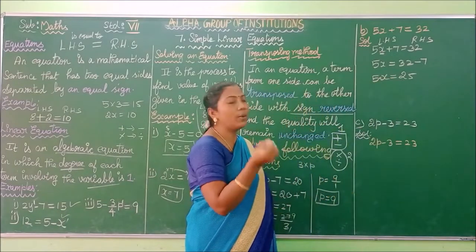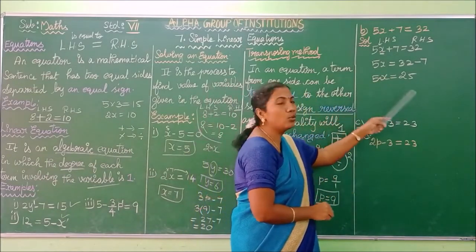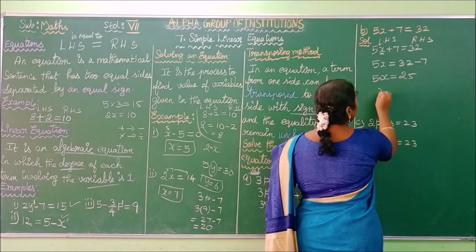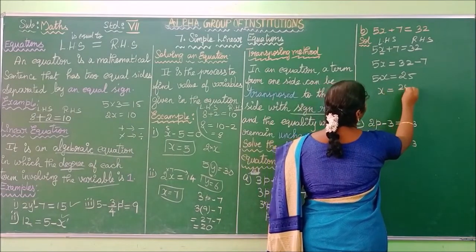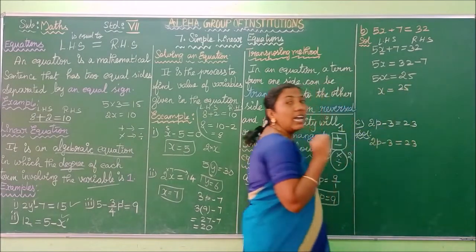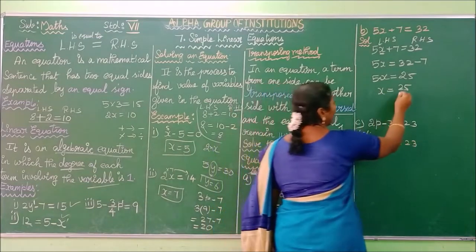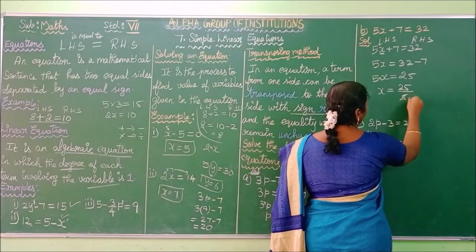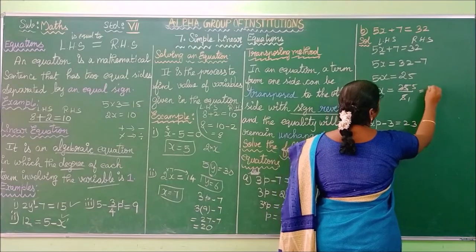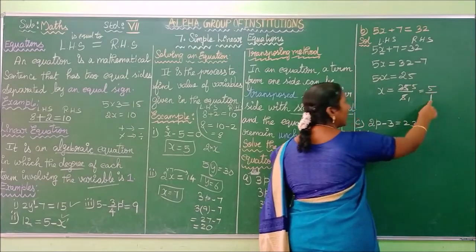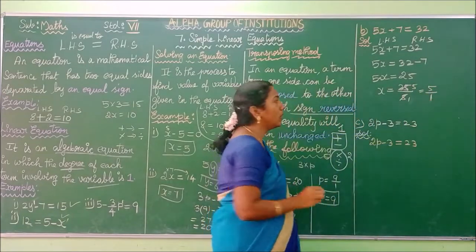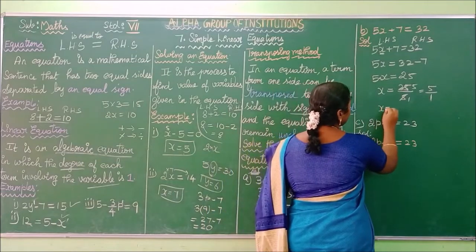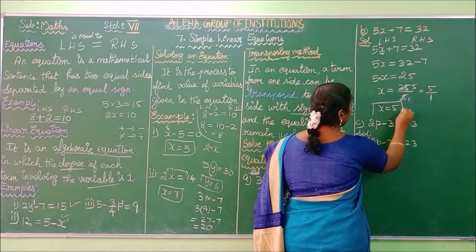So you have to bring that 5 from LHS to RHS. So x equal to, how did it become? 25 divided by 5. So now you have to cancel. 1 times 5 is 5, 5 times 5 is 25. So 5 by 1. Leave the denominator if it is 1. So you have to write it as x equal to 5. So our answer is 5.